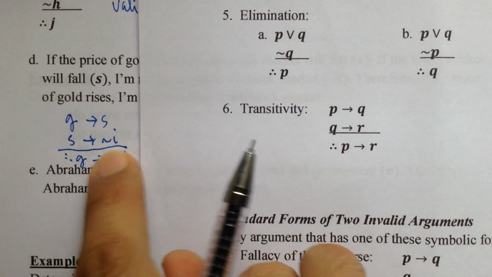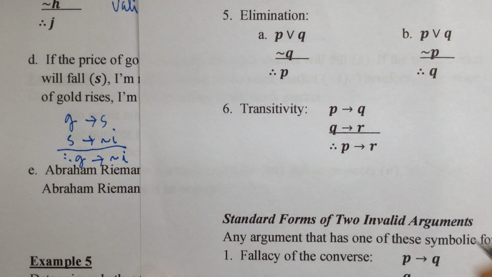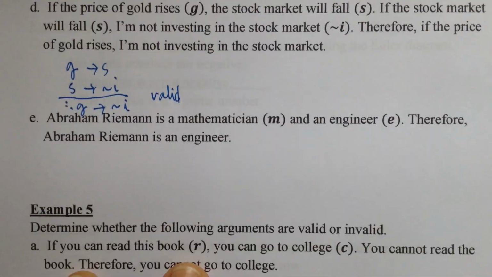G implies S, S implies negation of I, therefore G implies negation of I. So this is valid by transitivity.